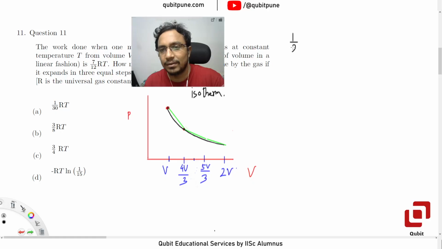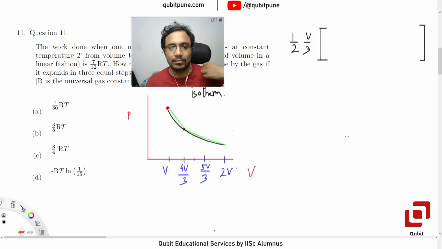For half sum of parallel sides we need to do a little work. Height is v/3. p+3p/4, because p is constant. Okay, so first is p, then this is 4v/3, so this is 3p/4, correct?